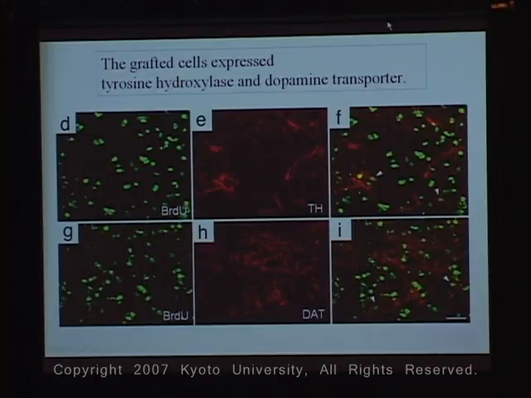Before transplantation, we labeled the ES cells with BrdU, and we could find TH positive or dopamine transporter positive cells. Some of the cells were co-localized, BrdU with TH or BrdU with DAT. That means that the grafted cells survived and differentiated in the brain as dopaminergic neurons.